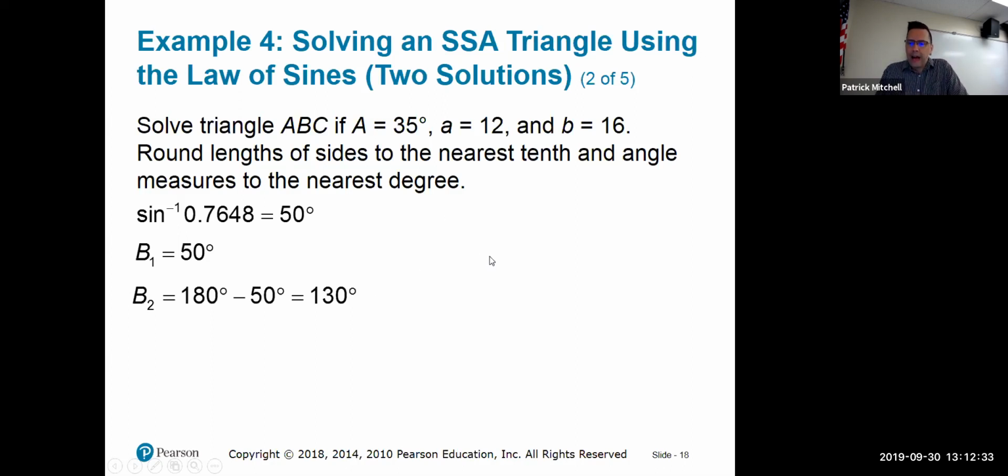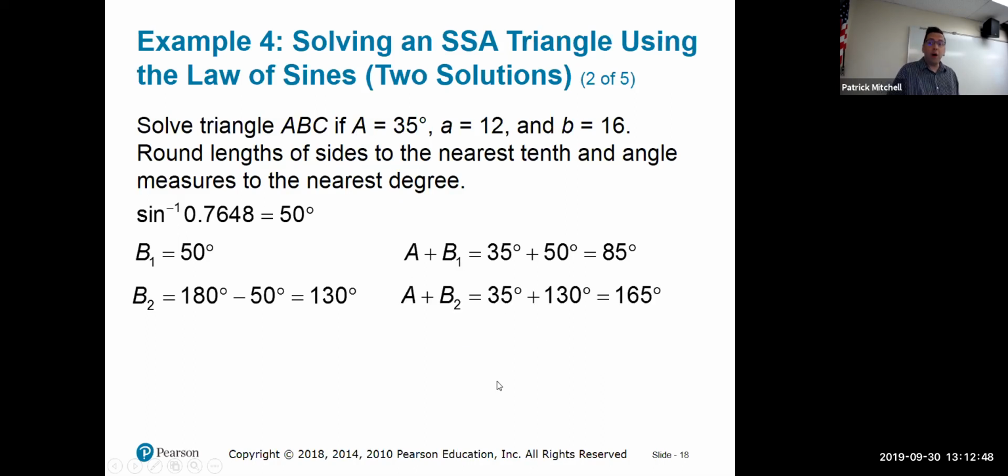So the way that you tell whether or not it makes sense is by adding the two angles together, angle A and the two choices for angle B. Make sure that they don't add up to more than 180 degrees. Sometimes A plus B2 will be more than 180 degrees, and when that happens, you can just throw it out because there's not going to be any triangle where two of the angles add up to more than 180 degrees.